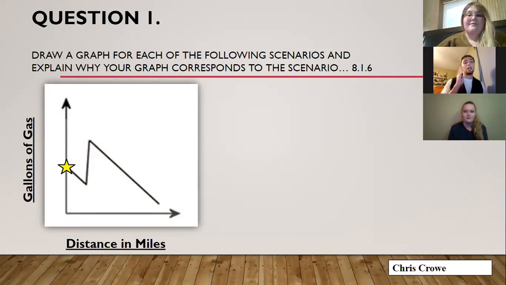The straight line on the graph represents the car stopping to fill up the gas, so the gallons of gas increase while the distance is unmoving because they're not going anywhere. Finally, when they stop filling up and start moving again, the distance in miles will increase as the gallons of gas slowly decrease.